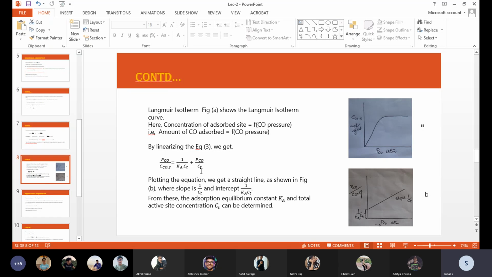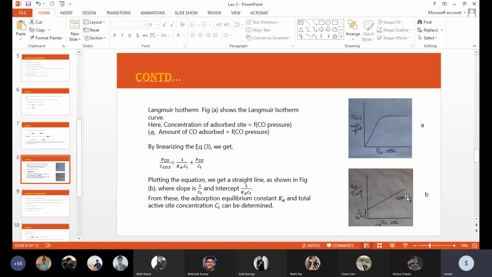Y is equal to mx plus c. Here you will get a straight line if you plot PCO by CCOS against PCO, with the slope 1 by Ct. PCO is x, so 1 by Ct is the slope m, and 1 by Ka Ct is the intercept.